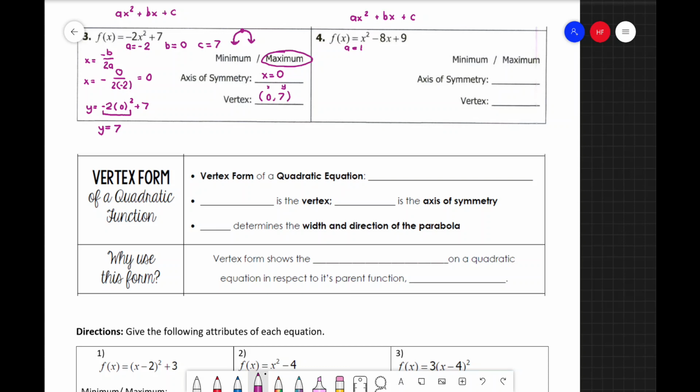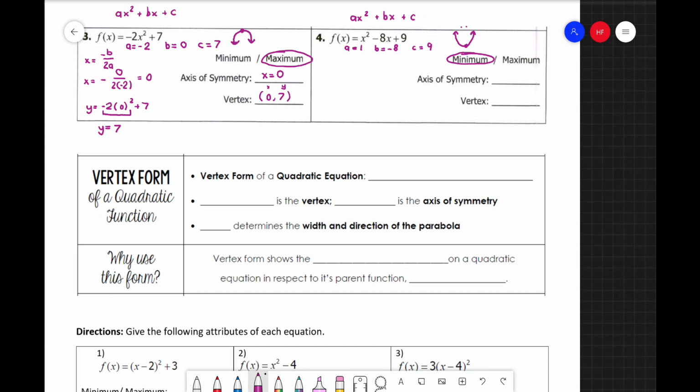So since we do have an x squared, we have 1x squared. We have negative 8 for b, and then 9 for c. So my a value is a positive 1. I'm positive, so I'm happy. I'm going to be opening up, which means I have a lowest point and a minimum.